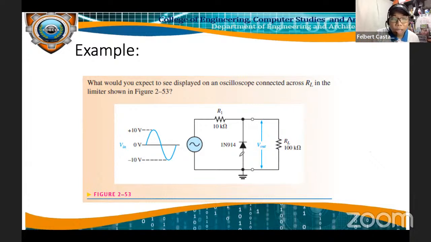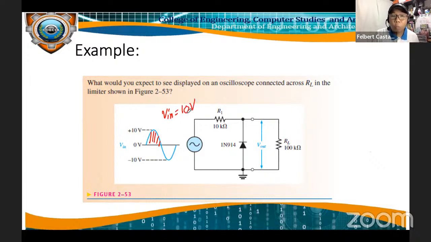So what we will be doing is, examine natin. During the positive, shade ko lang yung positive alternation or the positive half cycle. So during this stage of the process, yung input natin is what? During the positive alternation, positive 10 volts.